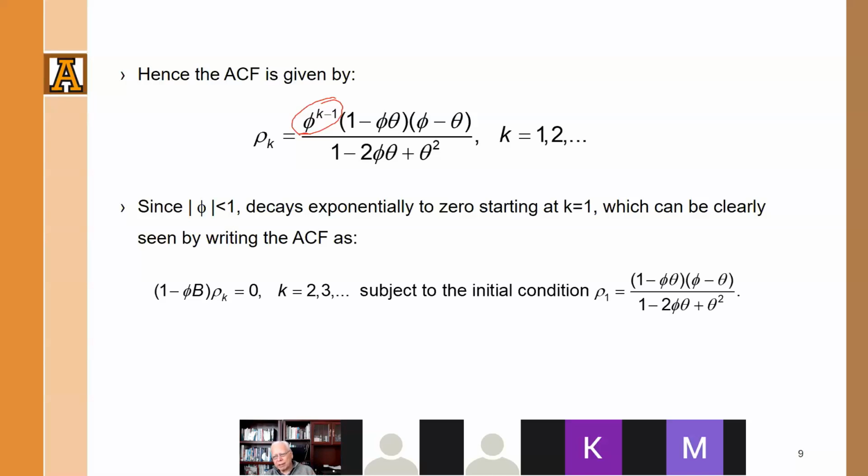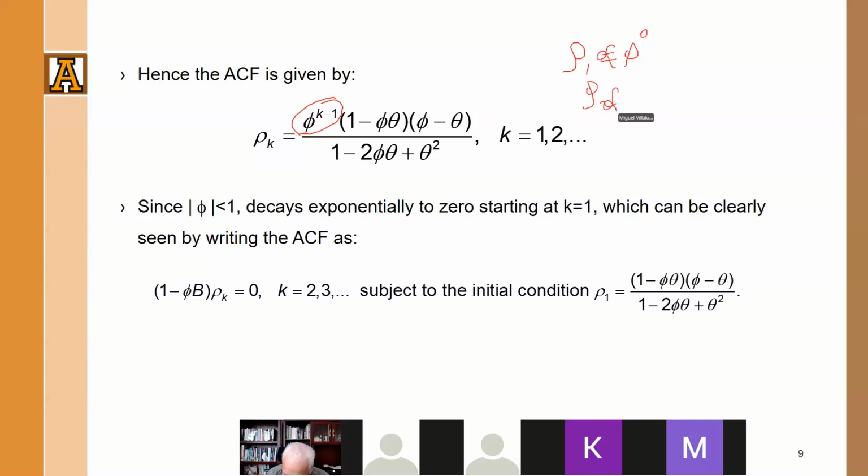Rho sub 3, the third autocorrelation, will have phi squared. So rho 1 involves phi to 0, right? Rho 2, no, it's not equal. It's proportional to.